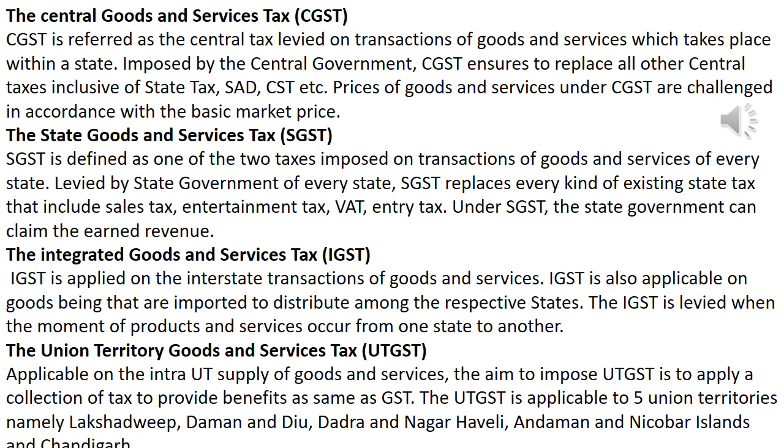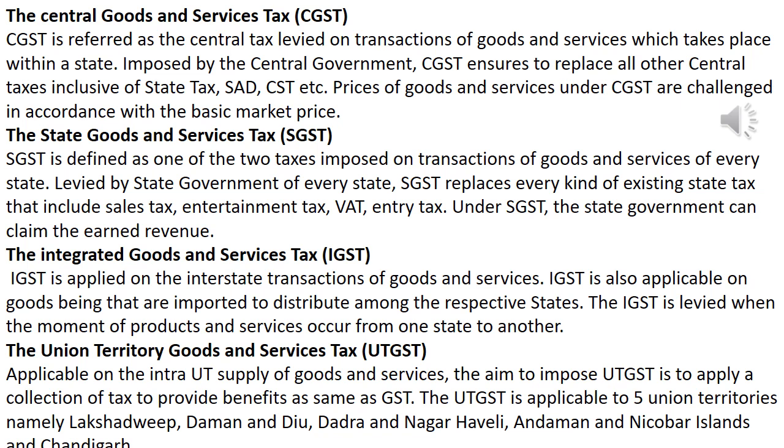Central Goods and Services Tax is imposed by the central government for goods and services within the state, and it is benefited by the central government. State Goods and Services Tax is imposed by the state government for the transactions of goods and services of every state.